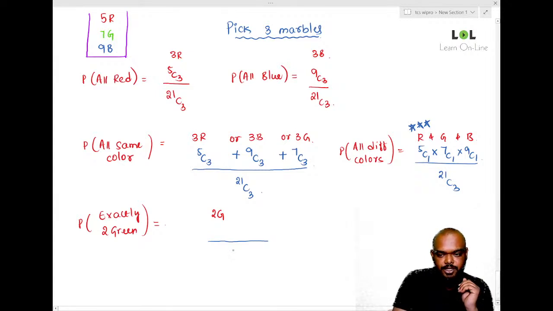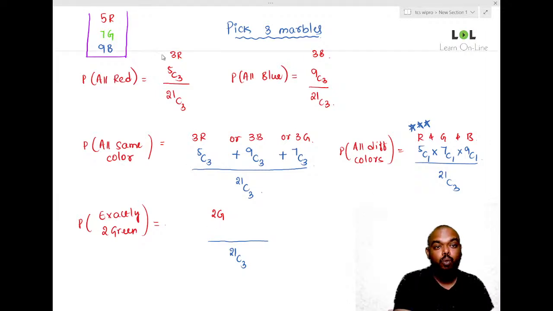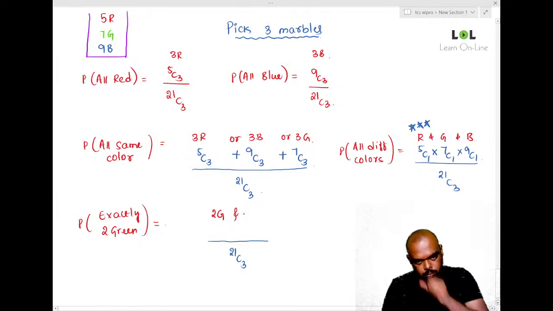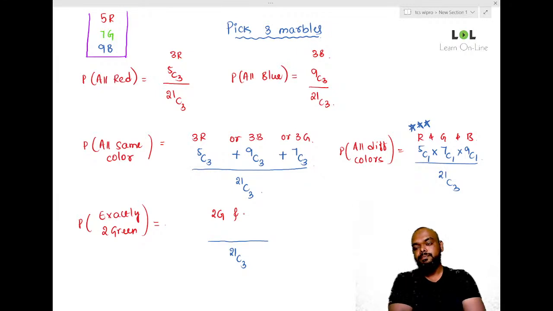Observe. Total cases will not change, 21C3. Now you need 2 green. What about the other color? Can I get the third marble as green? You tell me. No, we can't.